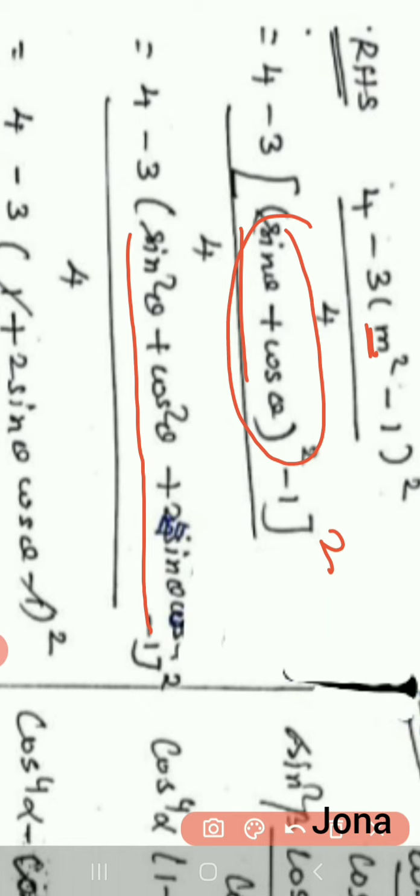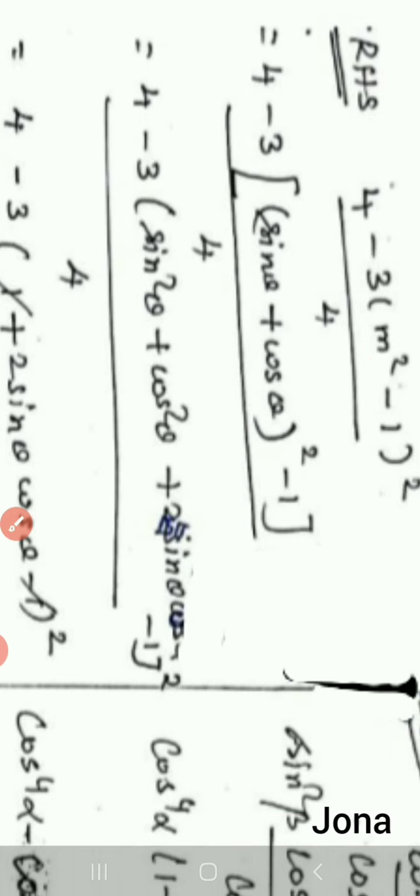This sin square theta plus cos square theta value is 1. So 1 plus the same 2 sin theta cos theta is here, minus 1 is here. We can cancel plus 1 and minus 1 here. So the leftover value is 2 sin theta cos theta, the whole square. Therefore, I can square this one so that 4 sin square cos square theta.